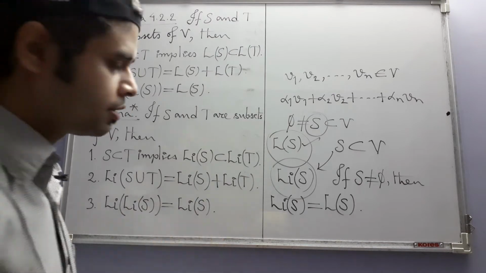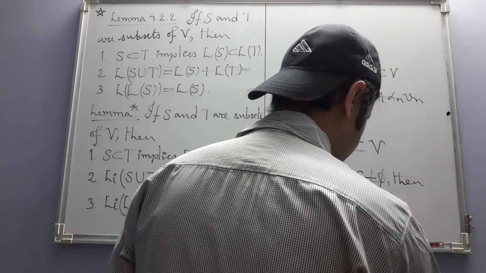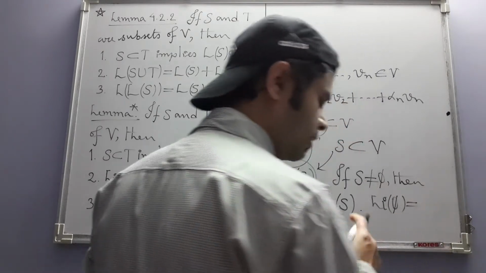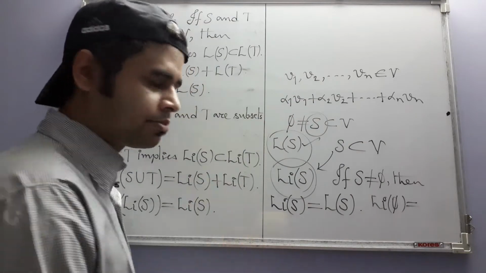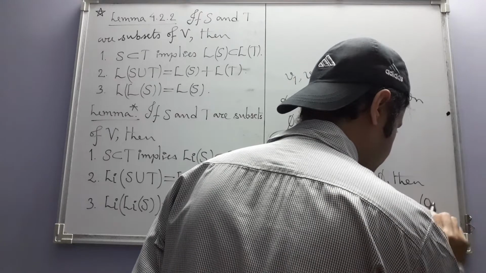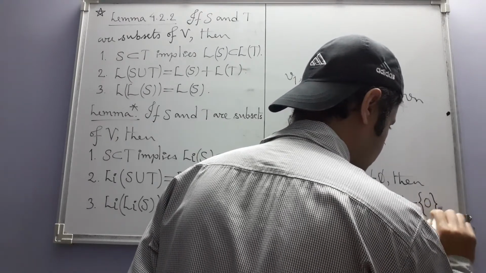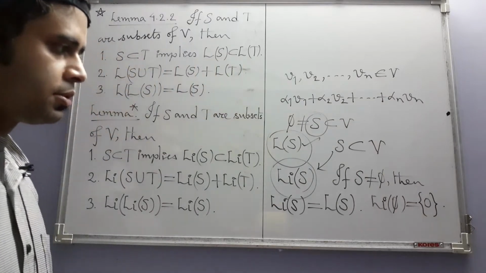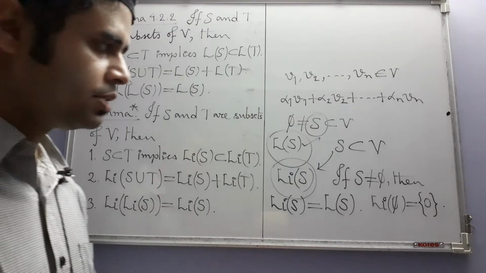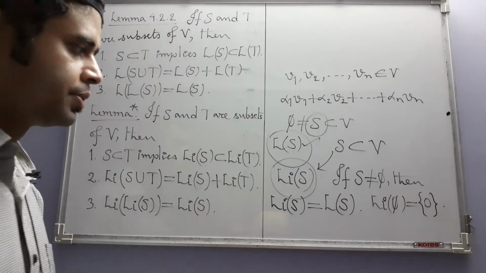And we also saw that when S is empty, then our new linear span of the empty set is the set consisting of only the zero vector, which we know is a subspace. In fact, it is the smallest subspace of V.